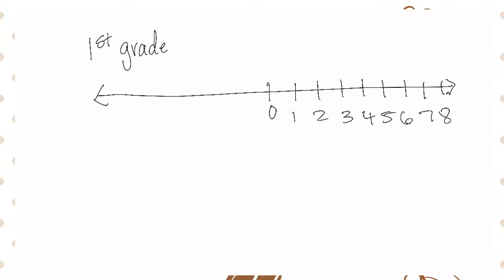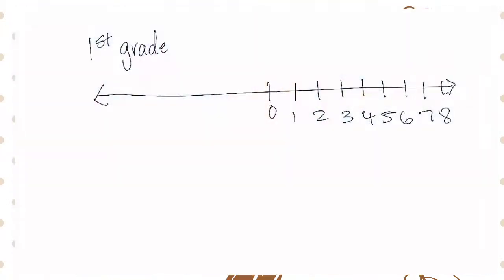I think some of the secondary teachers will agree that when we talk about does it make sense, if you're subtracting, your number should get smaller, because if you're on a number line and you're going backwards, that number should get smaller.